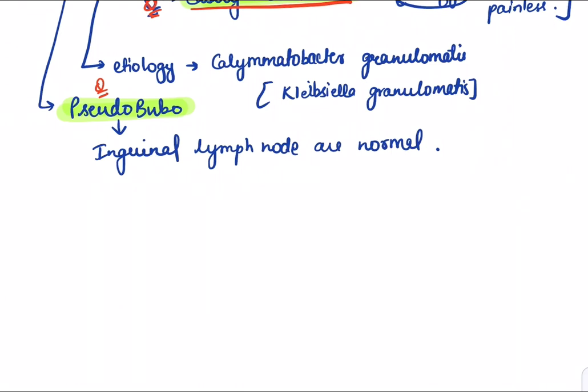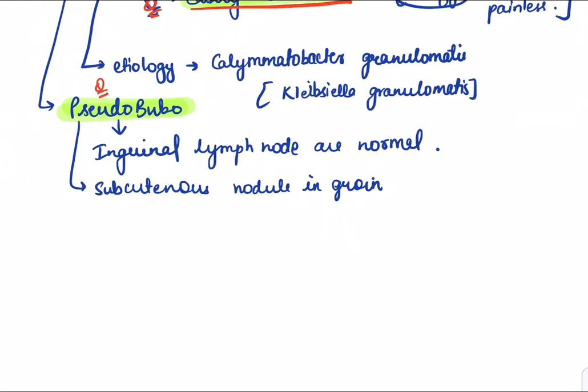But sometimes these ulcers grow on the inguinal node, so it appears like a bubo, that's why it is known as pseudobubo. So here pseudobubo is seen, which is a subcutaneous nodule in the groin, not in the inguinal node.